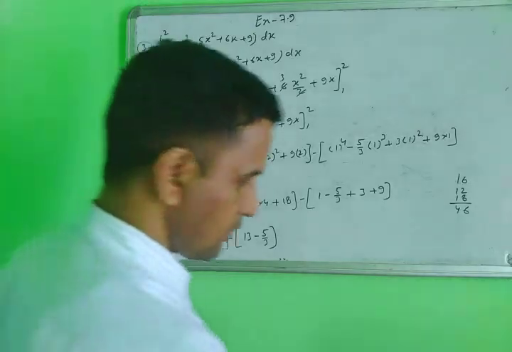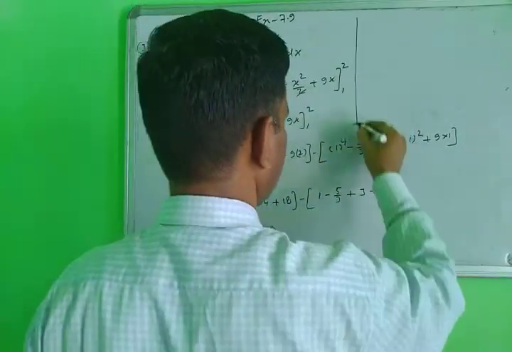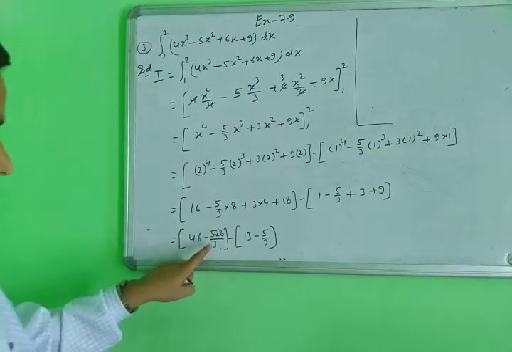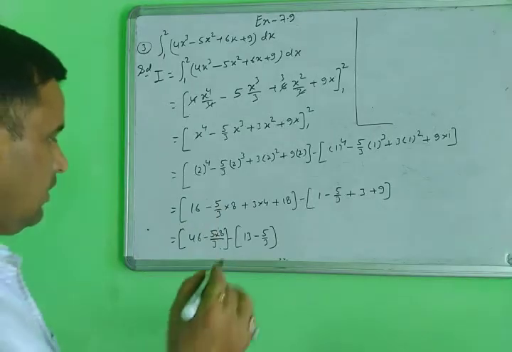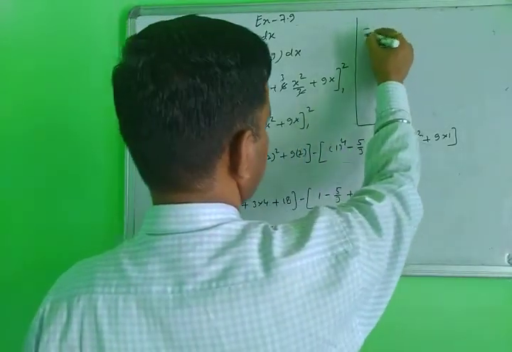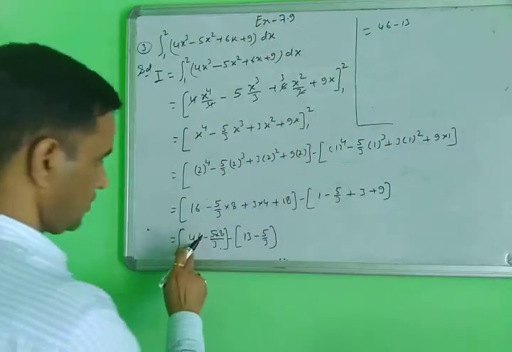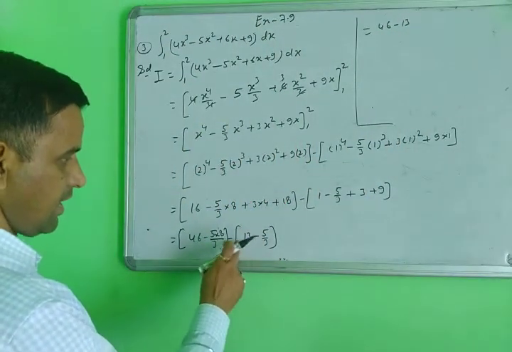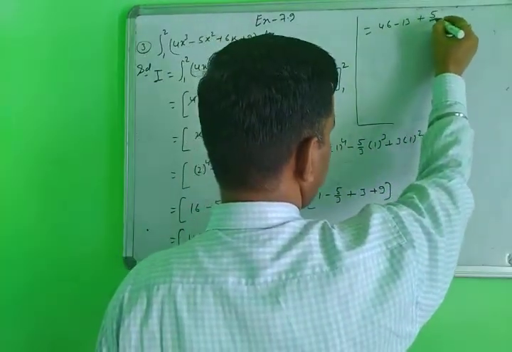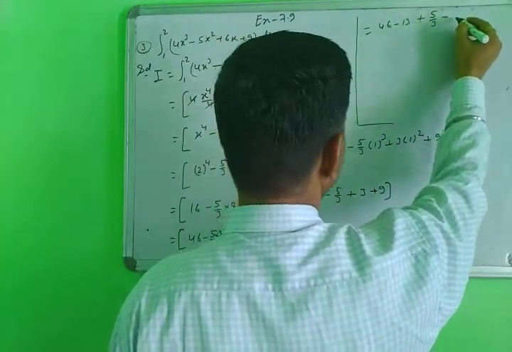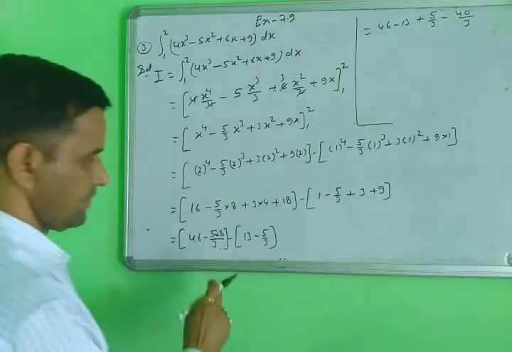After that you will calculate here 46 minus 13 and minus 5 by 3 plus 8 into 5 by 3, so minus 8 into 5 is 40 by 3, according to this way.